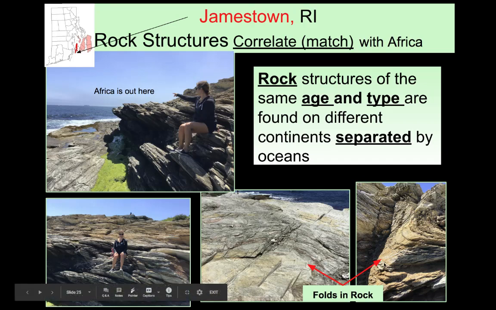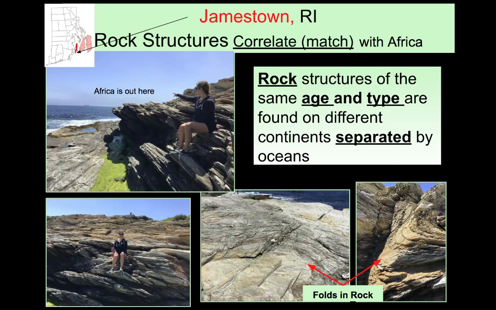Those folds are evidence that something massive happened here in the geologic past. That is rock that has been folded and twisted and contorted. And the only thing that can do that is when continents or land masses meet and collide together. And there's evidence right here in Jamestown.